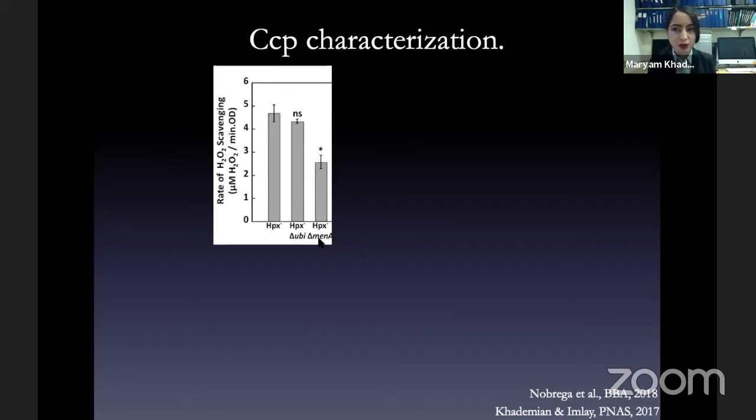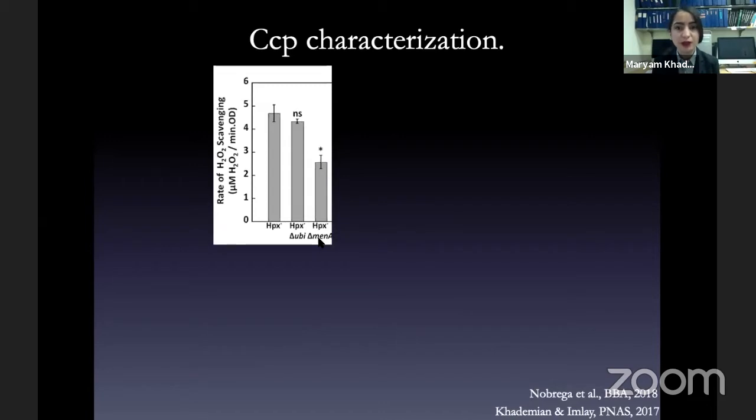The second question we wanted to answer was, how is the electron transferred from this quinone pool to our enzyme? I did a lot of experiments. I deleted a lot of different complexes that have been shown to mediate this transfer in other conditions.